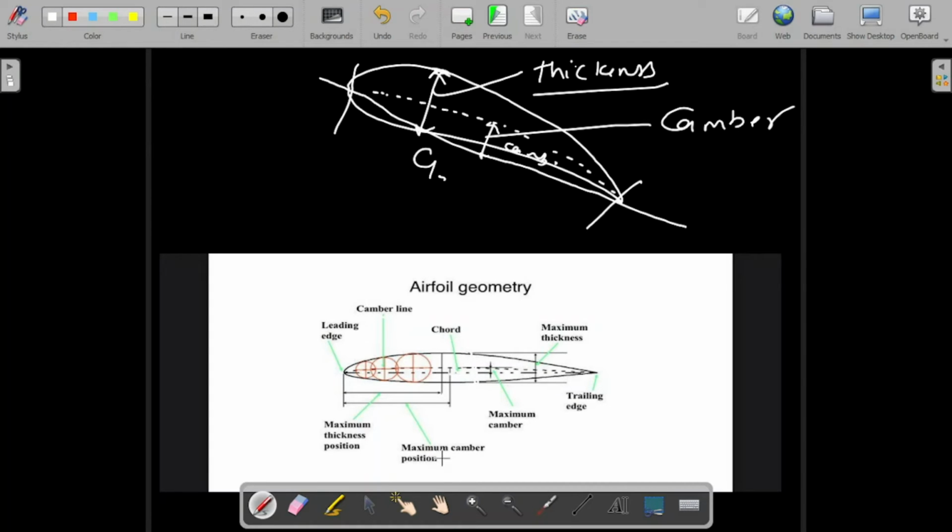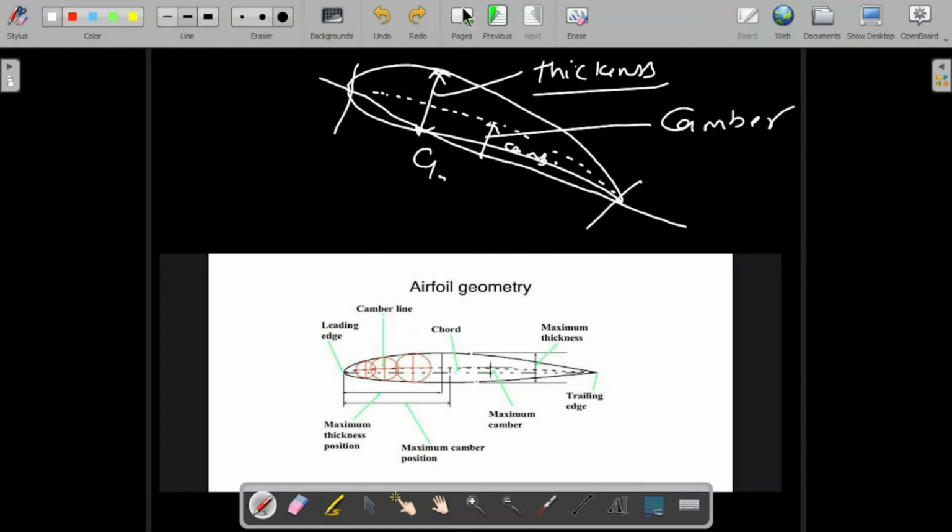Then there is the chord. The maximum camber position is the point where the difference between the camber line and the chord line is greatest. That is known as the camber of the aerofoil. And yes, this is how an aerofoil is defined.